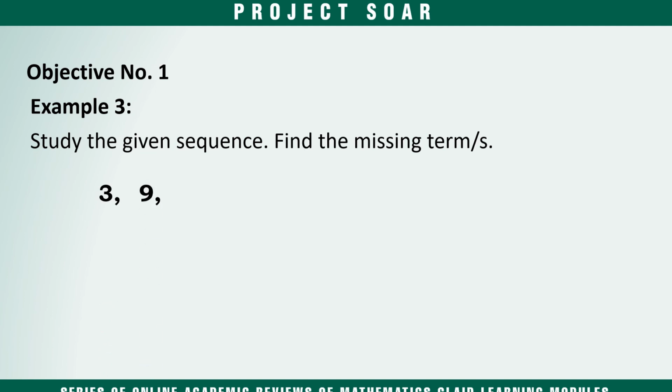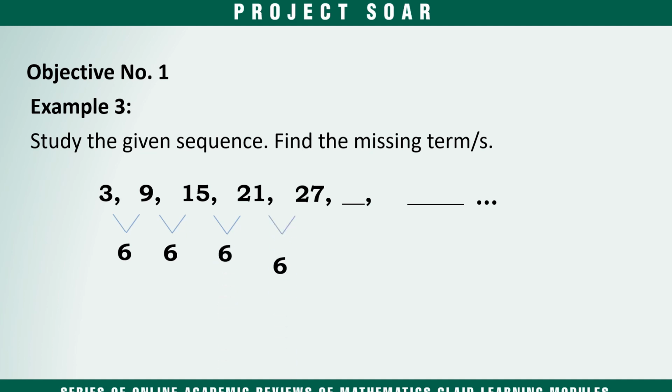So 3, 9, 15, 21, 27, and the missing terms, the sixth term and the seventh term. So as you can see, in this number sequence, it shows a pattern, and that pattern is adding 6. So let us proceed to another slide and let us find out what are the sixth term and the seventh term for this sequence.